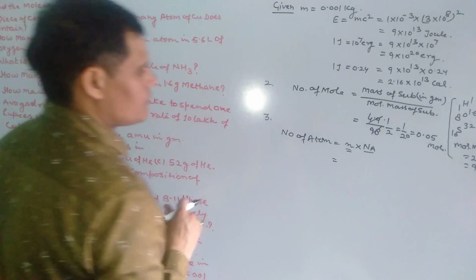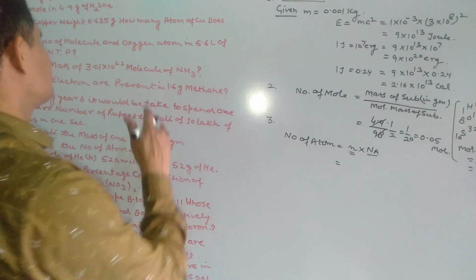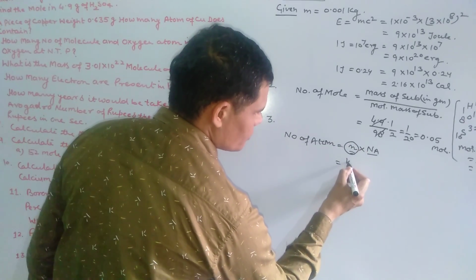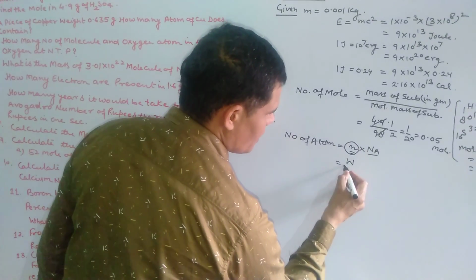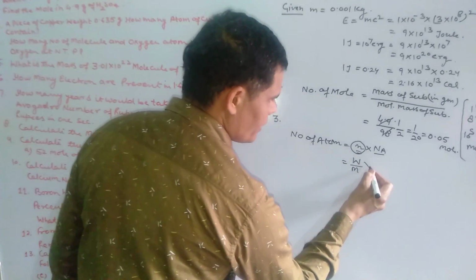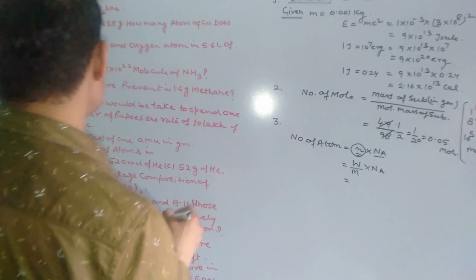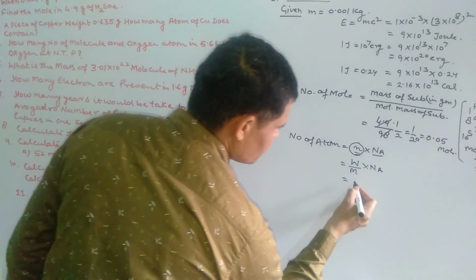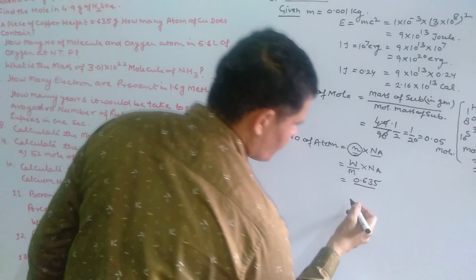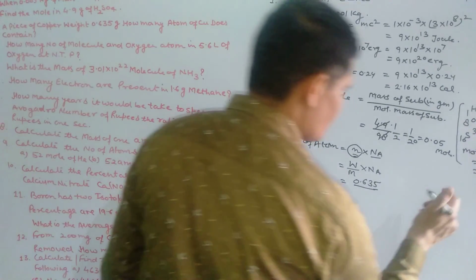Hence, number of atoms in a piece of copper having weight, n can be written as mass of substance in gram upon molecular mass of substance in gram into Na. Then mass of substance is 0.635 upon molecular mass or atomic mass of copper is given.